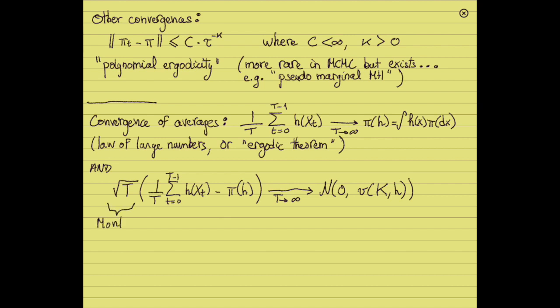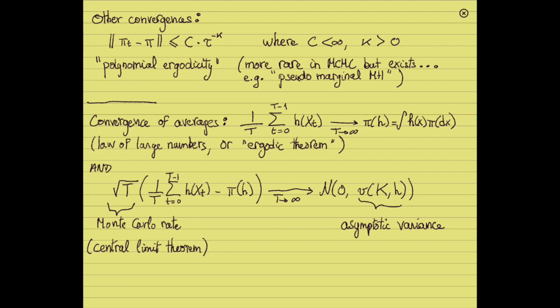So in that setting, the rate is square root of T, the standard Monte Carlo rate. And what is of interest then is the asymptotic variance. The asymptotic variance will be different depending on the algorithm. And so the study will focus typically on the study of the asymptotic variance. So this is called the central limit theorem.